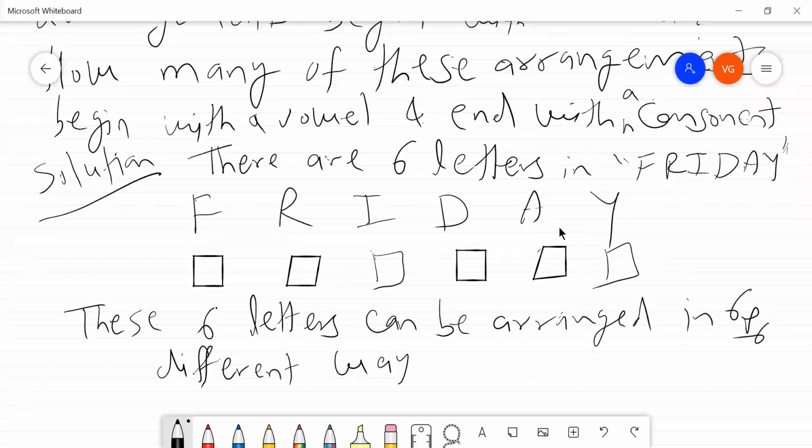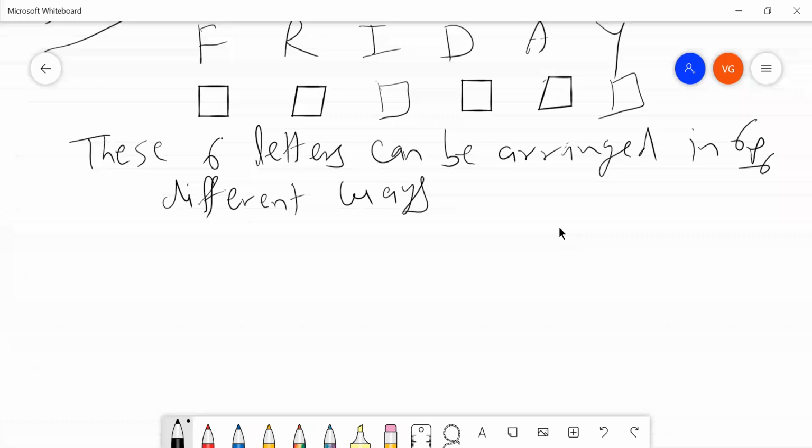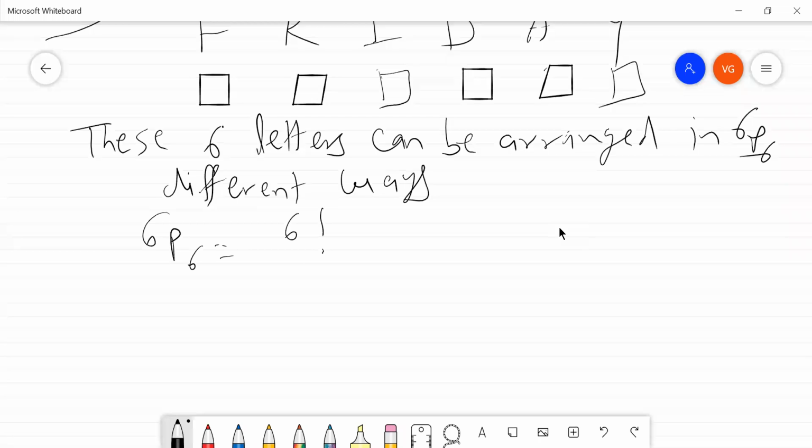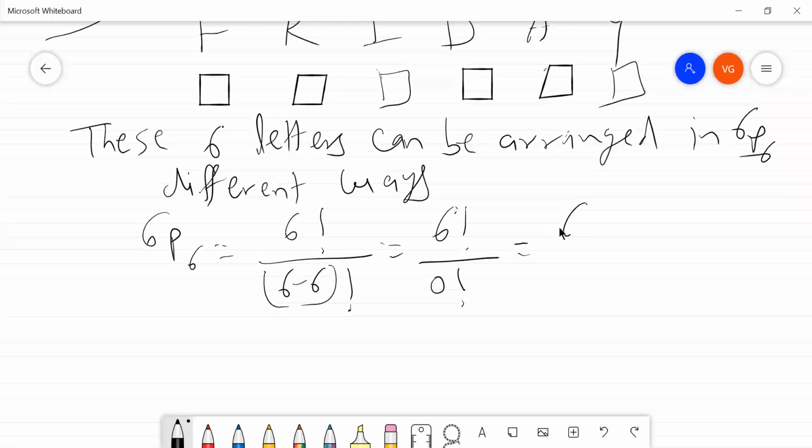Then you calculate the value of 6P6. What is 6P6? It is 6 factorial divided by (6 minus 6) factorial, that is 6 factorial divided by 0 factorial, and 0 factorial is always 1.